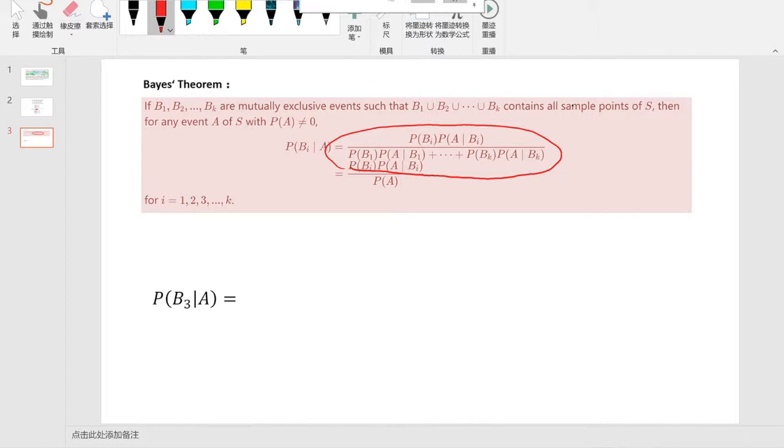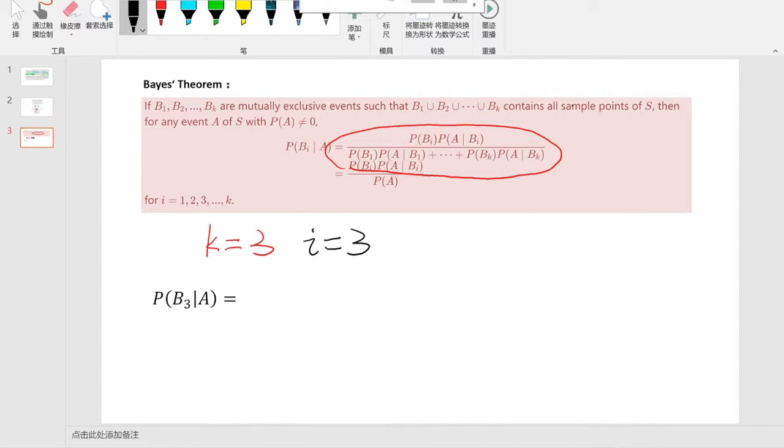Then I will calculate the probability for event B3 given event A through Bayes' theorem. In this question, there are 3 events, so K equals 3. And we need to calculate the probability for event B3 given event A, so i equals 3.